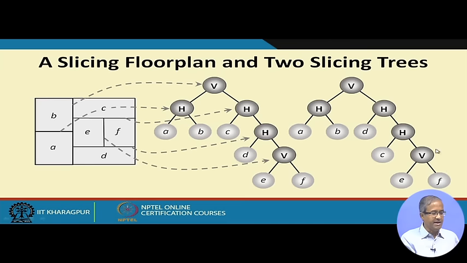So, this C and D are actually interchanged, because you can see there are two horizontal slices. So, either you do this slice first or this slice first, does not matter. Either you do D first and then C, or C first and then D, does not matter. So, for a given floor plan, there can be more than one slicing tree possible. Okay. Fine.